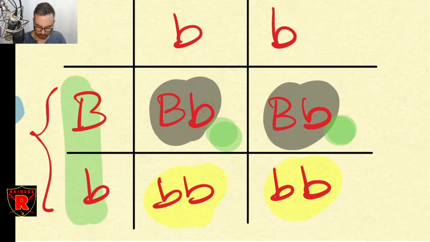That would be 0.5, which is 50% chance, to the 4th power. Okay, so that's a 6.25% chance. So the chance of getting only black 4 times in a row, or flipping heads 4 times in a row on a coin, there's a 6.25% chance that you would do that. Just due to random chance, you just flip 4 heads in a row.